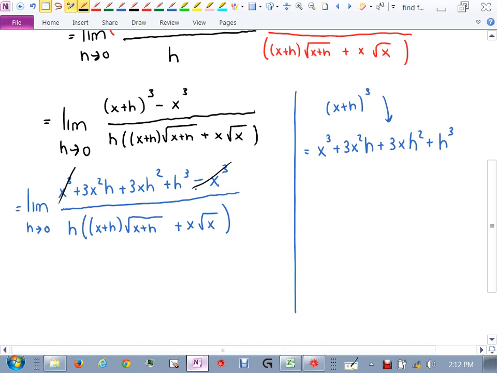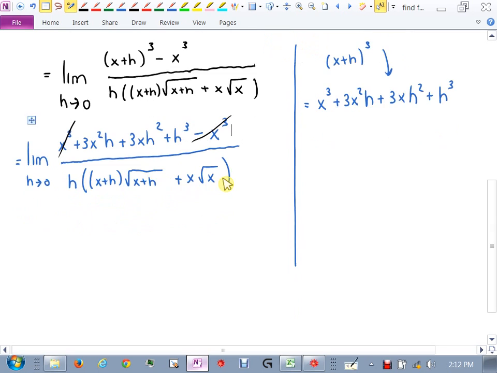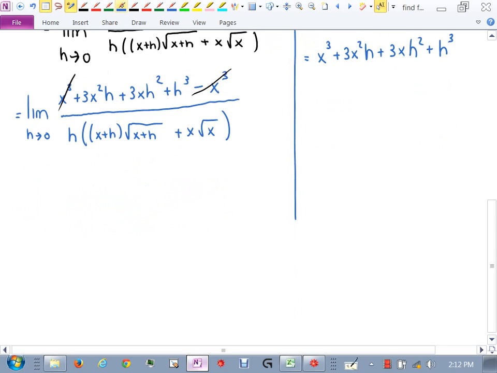Cancel out x cubed. Why is that a good scenario now? I have h's in all these terms, right? Yes. So I factor an h and cancel. I'm not going to show that step. I'll just show what it cancels to.